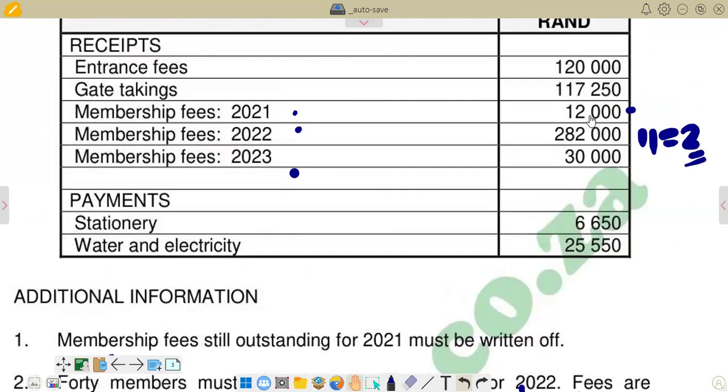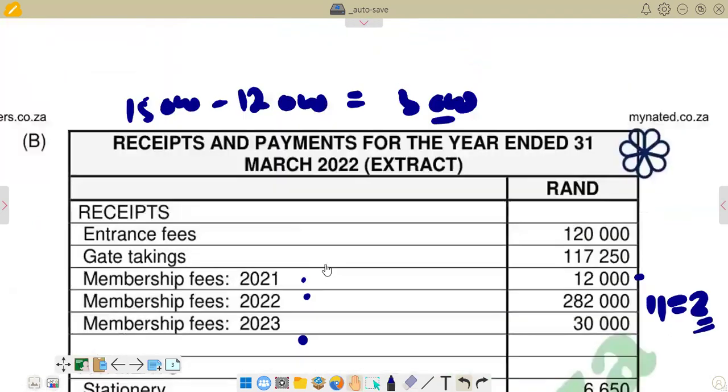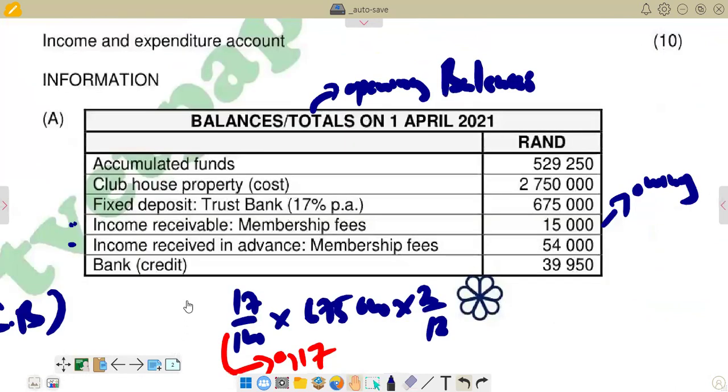The ones that were still owing, we get from the additional information at the beginning of the question, which is our membership fees that was supposed to be received this year, which is 15,000. So we said 15,000 minus 12,000, we got 3,000 that must be taken off, which we adjusted previously in the previous account.